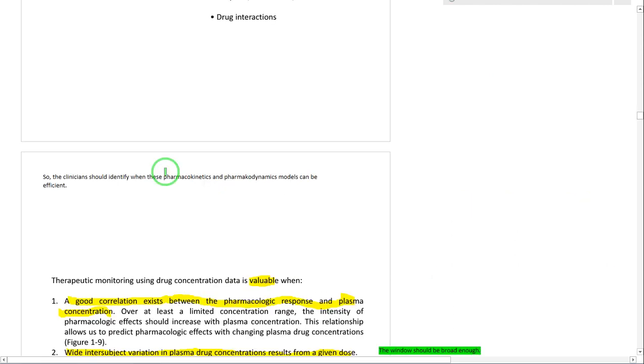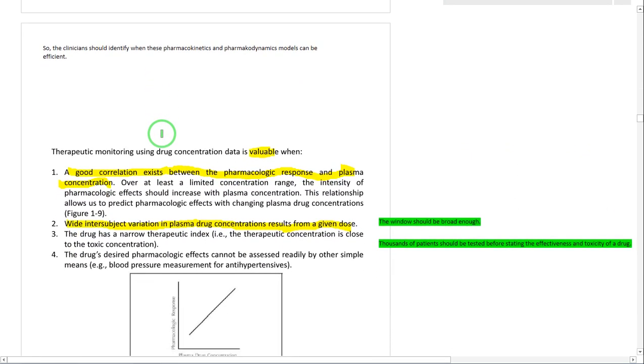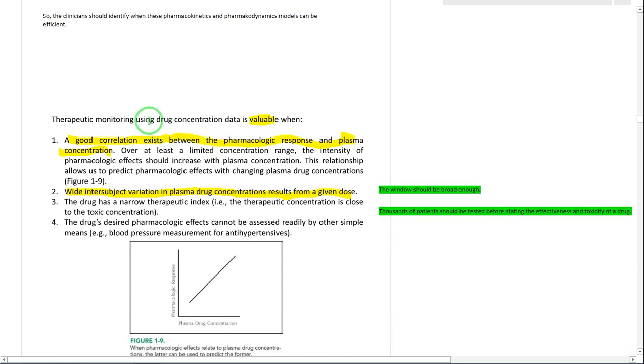But anyway, let's see when the diagrams that we get from the pharmacokinetics and pharmacodynamics are going to be valuable, are going to be useful for us.